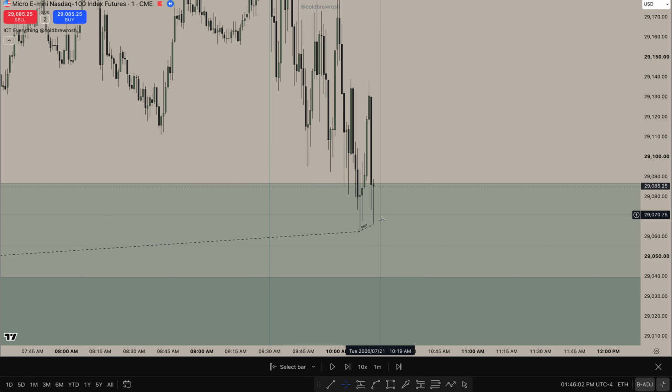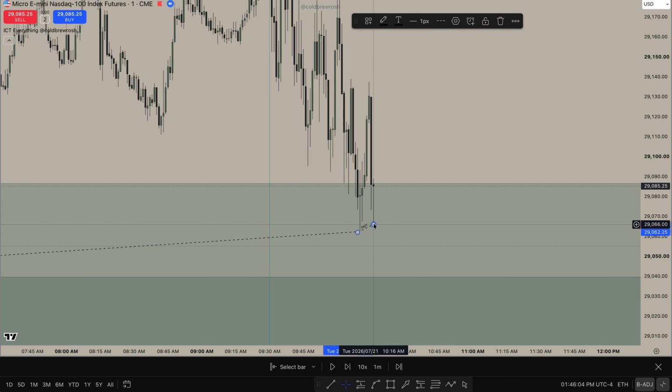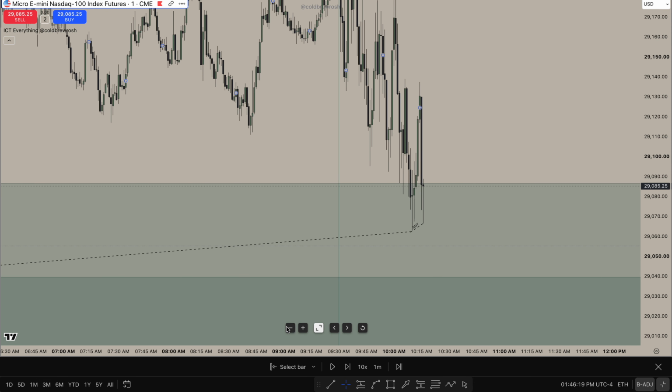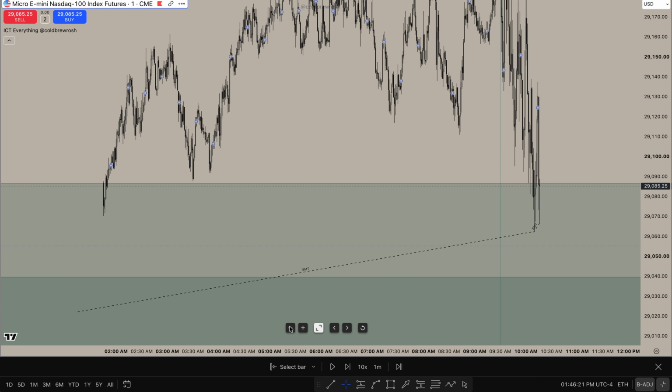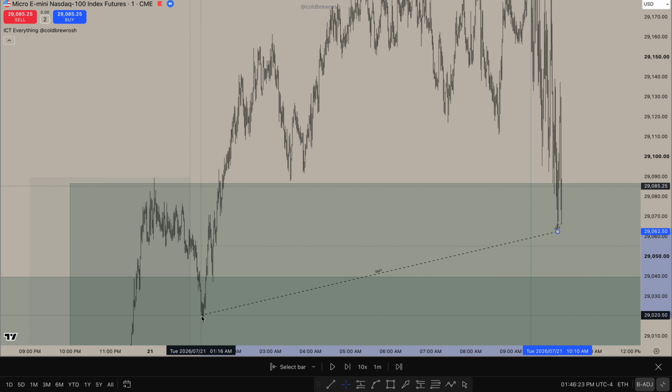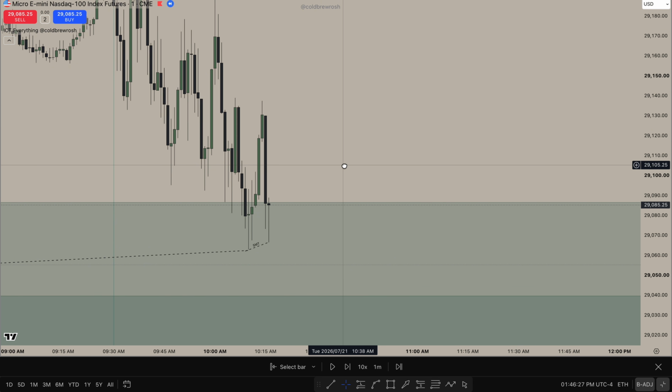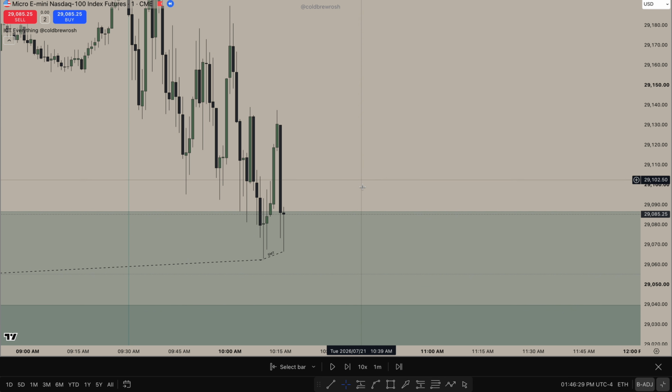Most people would be like, oh, there's no manipulation here, because this would be the original manipulation leg, which has no fair value gap, which this one actually does, because this has manipulation right here, which is the SMT. And also all the examples I've shown have SMT, but you can really just use manipulation. That's fine. Just SMT adds more value to it, because one asset is weaker and one asset is stronger.